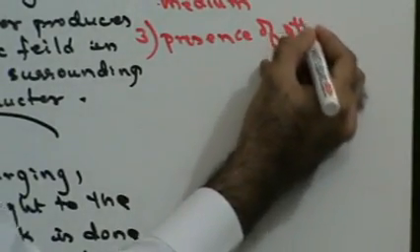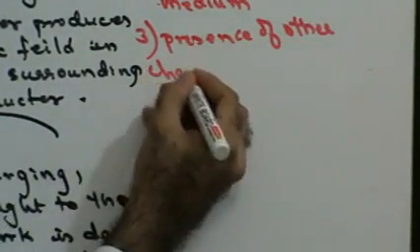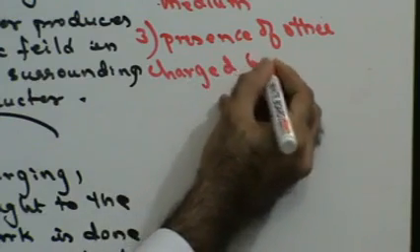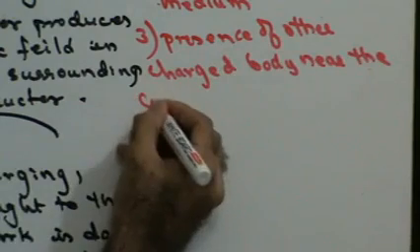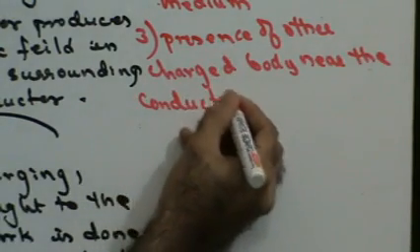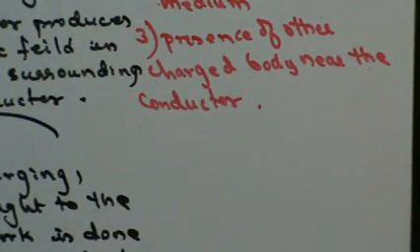Right? So these are the three factors that determine how much charge a conductor will hold. Charge held by a conductor is also called the capacitance of a conductor. Fine, do you get this?